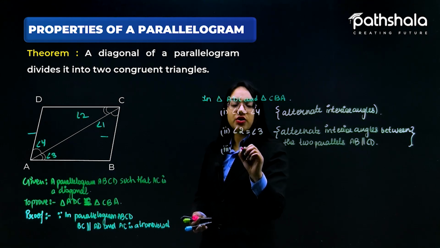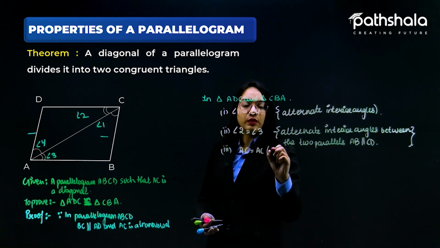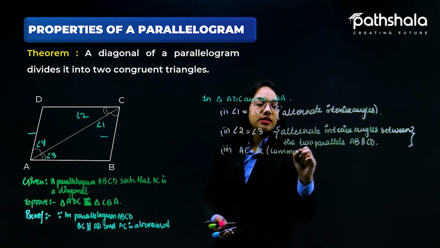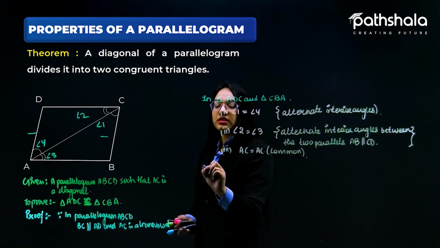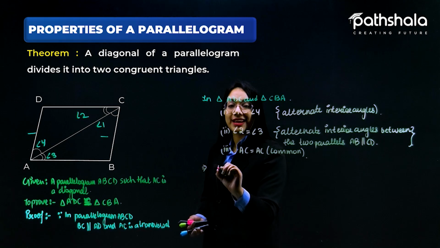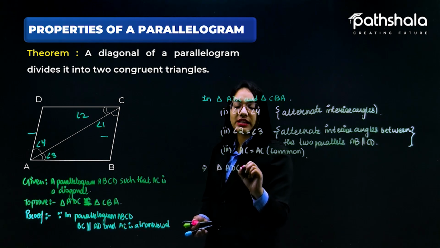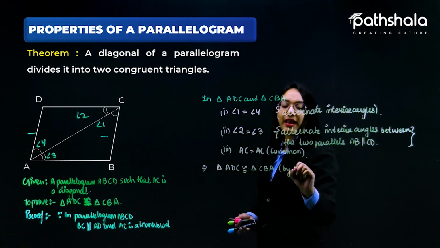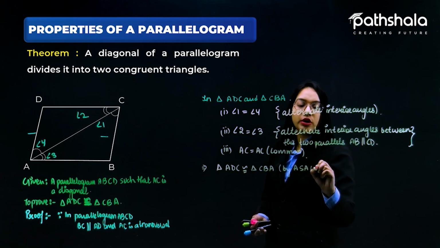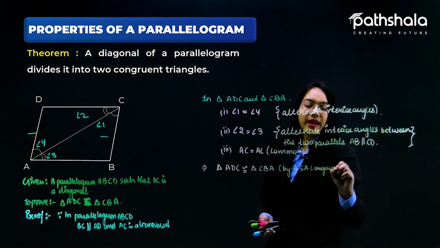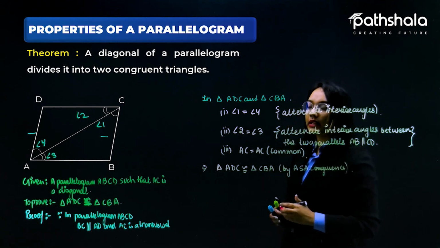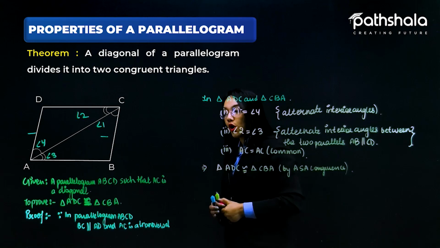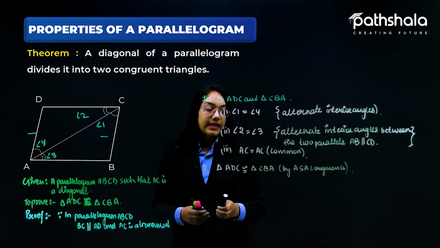With the third condition, we can say that AC is equal to AC, which is a common side. So from these three conditions, the triangle ADC is congruent to the triangle CBA by the ASA congruency criteria. ASA means angle side angle criteria.